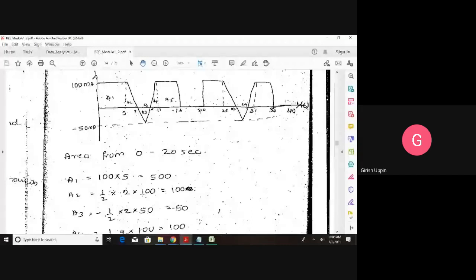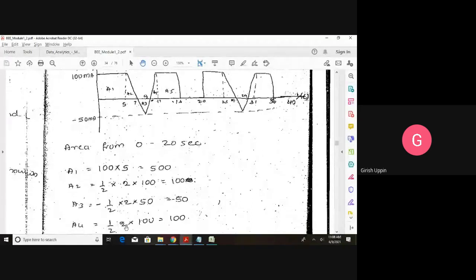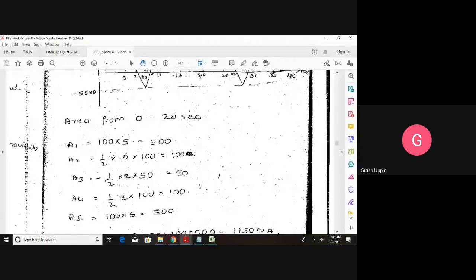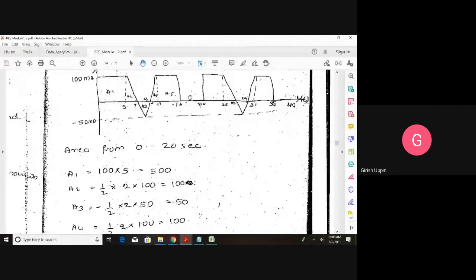A4 is half into 2 into 100. The 2 will get cancelled, 100 will remain. Then A5 is a rectangle, 100, and this width is 16 minus 11, that is 5. 100 into 5, 500. And this last area is 0 because the height is 0. 0 into 4, that is 0.